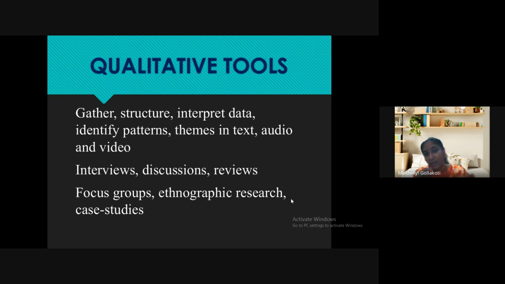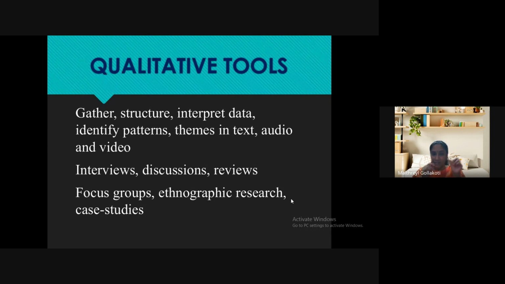So that is called ethnographic research. Studying a group of people and finding what is common to them, or comparing different groups of people, saying which products Tamilians buy, and which products Andhras buy. Or Maharashtrians, what type of products they like. That is ethnographic research. And next, case studies.